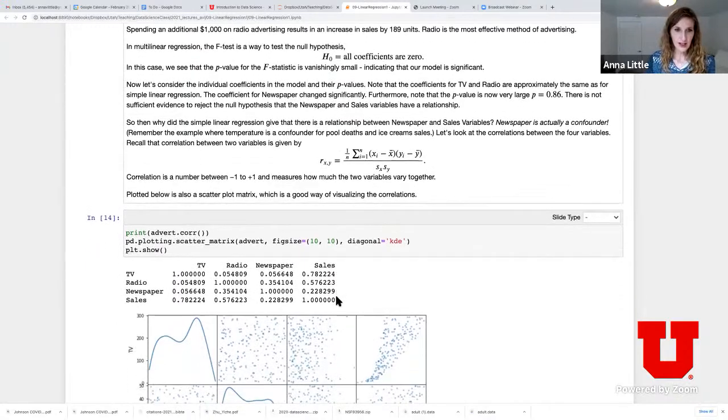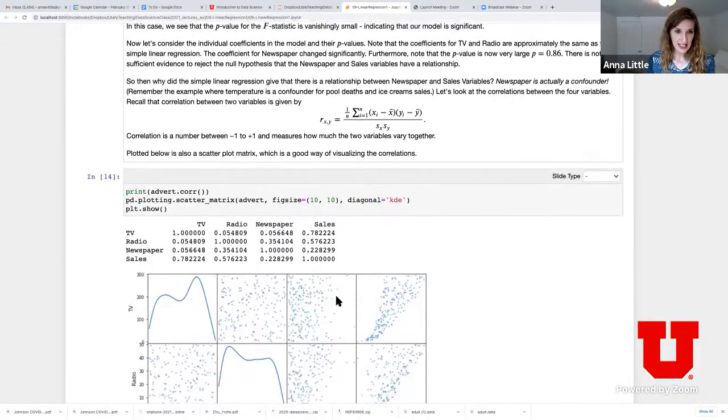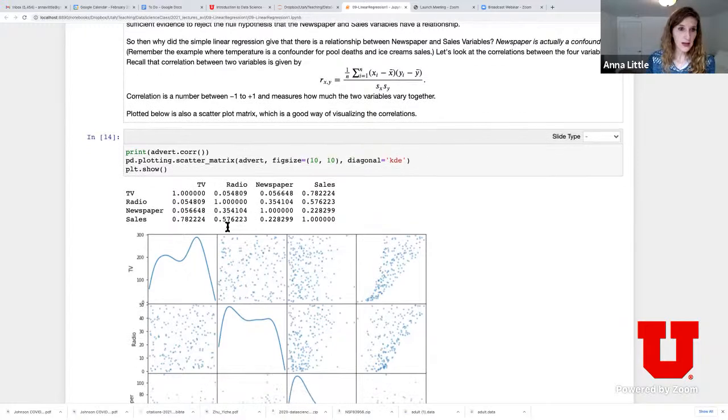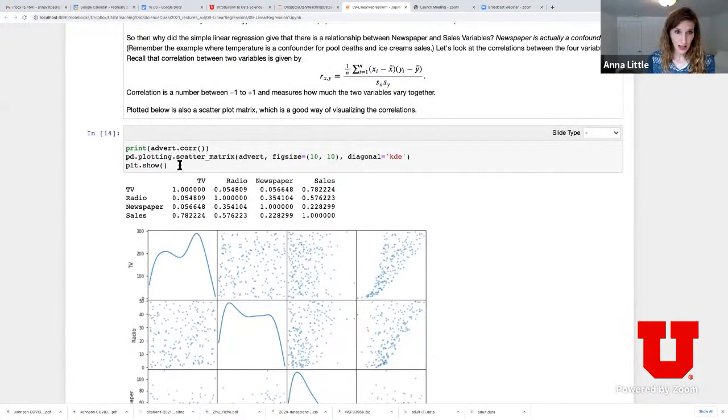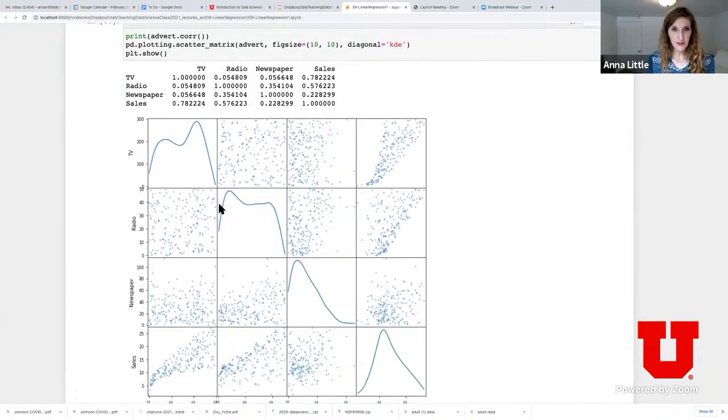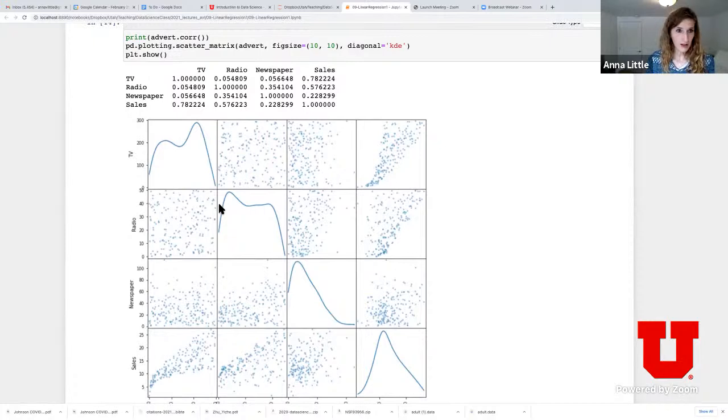So look, for this data set, we can do this, first of all, just print this correlation matrix, and then we can also do a plot of the scatter matrix, where we can visualize all of the different scatter plots between all these combinations of different variables.